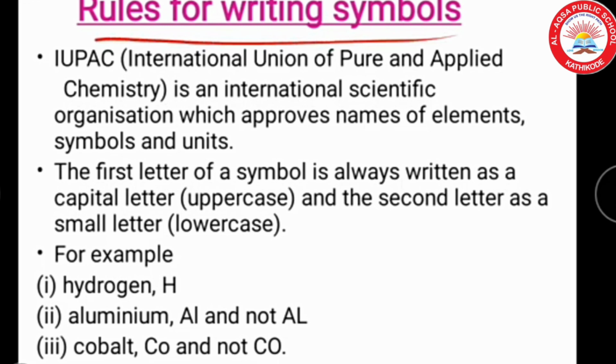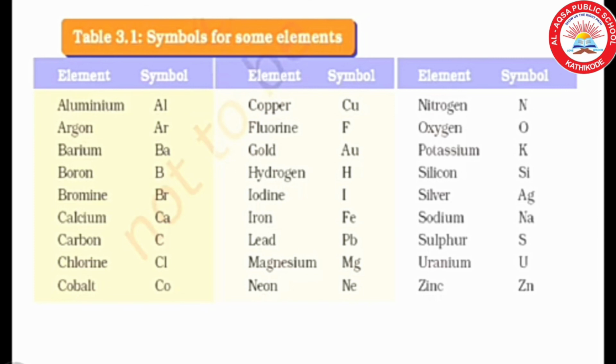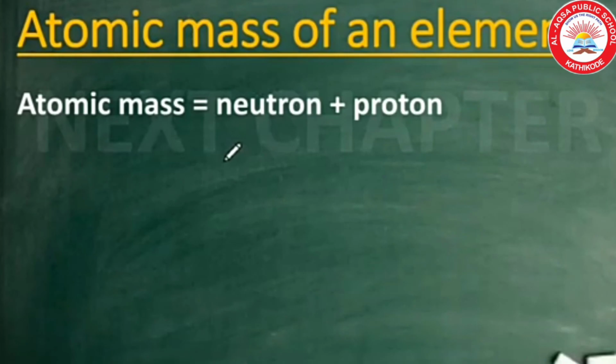These are some rules for writing the symbols. So my dear students, in page number 34, you can see table 3.1, that is symbols for some elements. Please go through it.